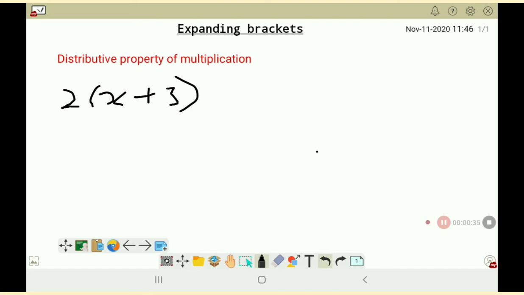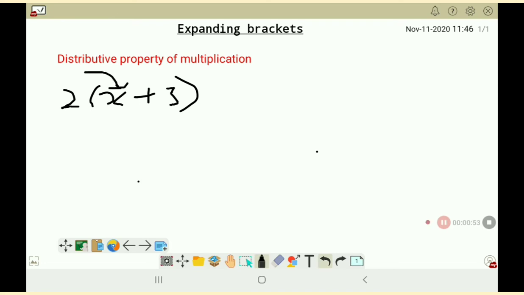So here we have a 2 outside, and we have x plus 3 inside the bracket. I'm going to be drawing arrows to show how we actually multiply.